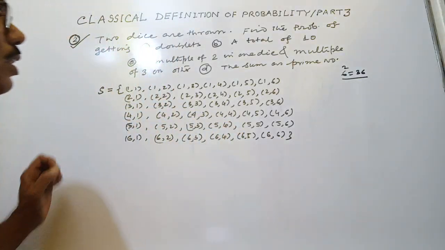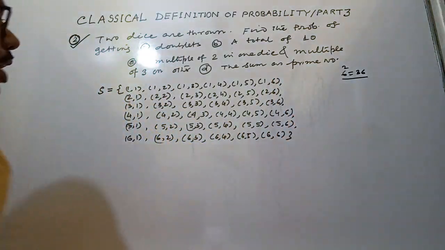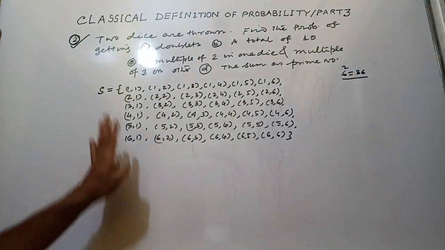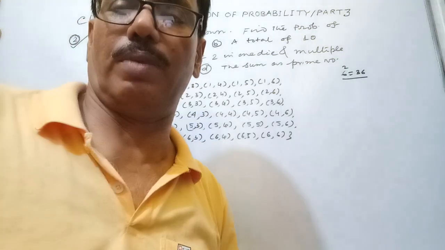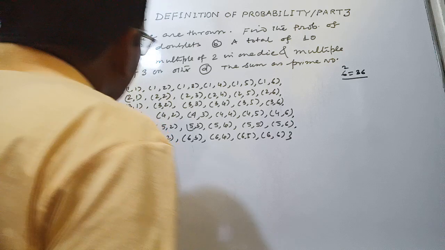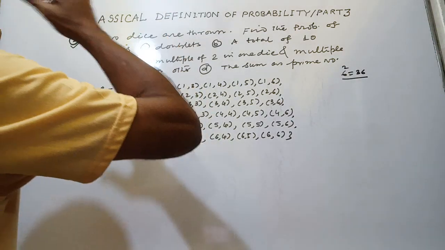So these are the 36 cases. It is not mandatory to write the sample space; you have to remember it.